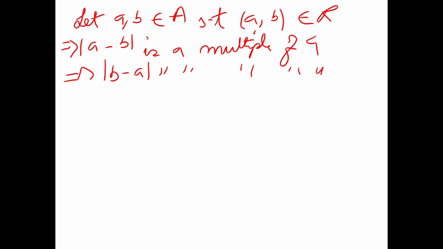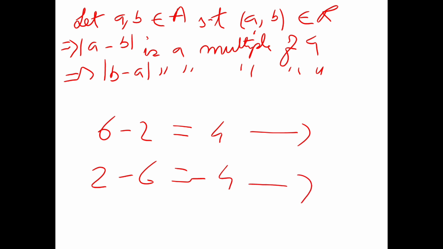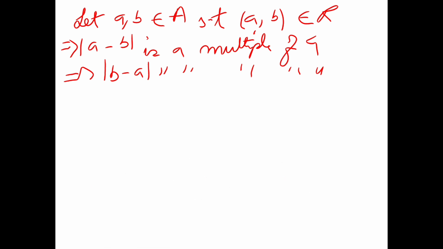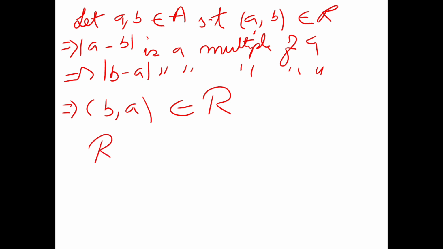For example, 6 minus 2 is 4, a multiple of 4, and 2 minus 6 is minus 4, also a multiple of 4. So B is related to A. That means R is symmetric.